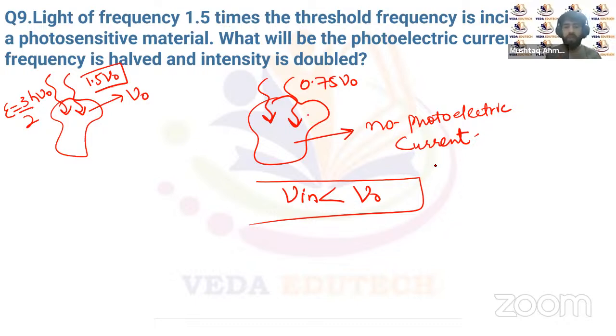If the frequency of the incident light is not at least equal to the threshold frequency, then whatever the intensity, photoelectric emission will not take place. So the answer to this question is that there will be no photoelectric current at all, because the incident ray of light now has a frequency less than the threshold frequency.